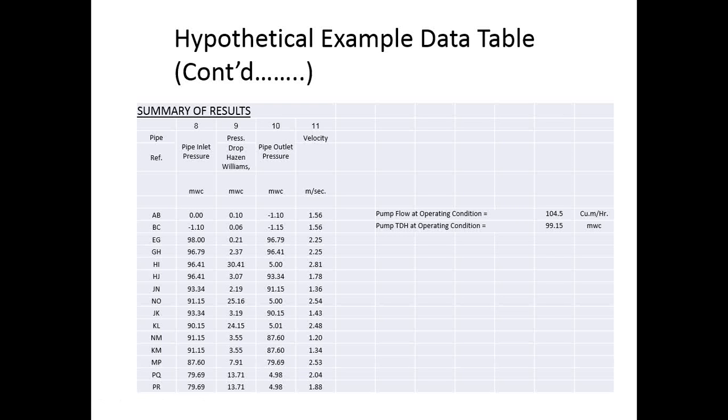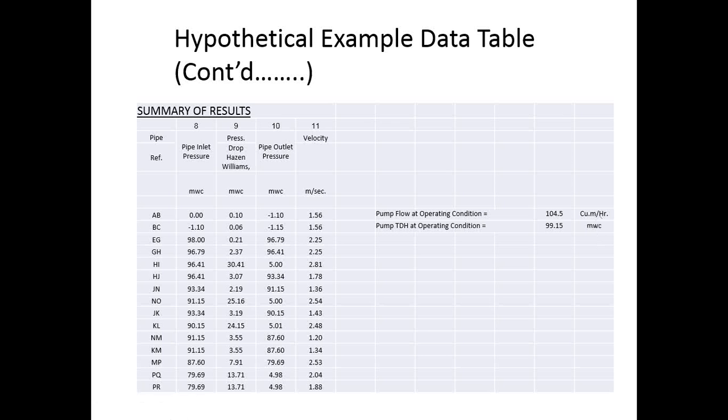Pump flow at operating condition, which is the sum total of flow to the above 5 tanks, is 104.5 cubic meters per hour. Pump total dynamic head at operating condition is the algebraic difference of pump outlet and inlet pressure, which is 99.15 meters of water column.